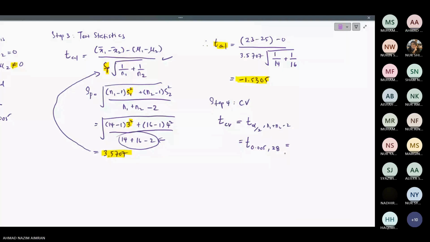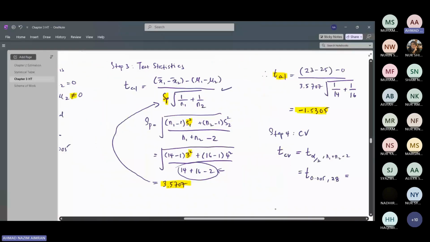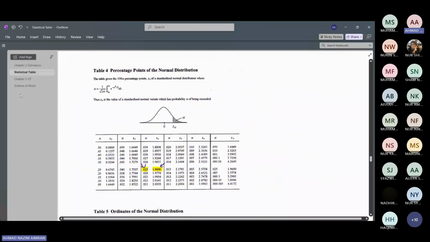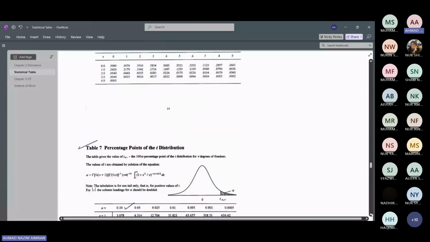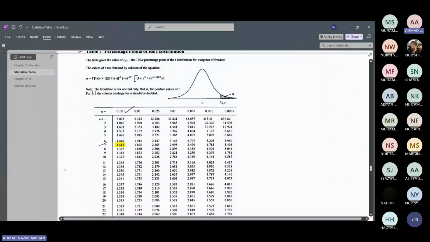So to get the T critical value, go to the statistical table, and find T 0.005 by referring to table number 7 here. So let's find T 0.005.